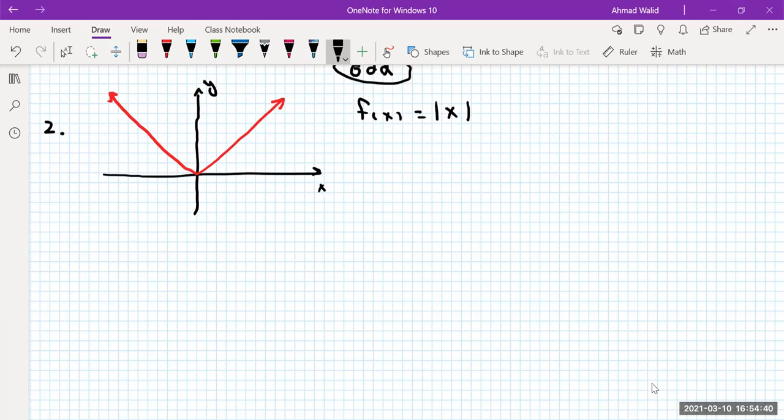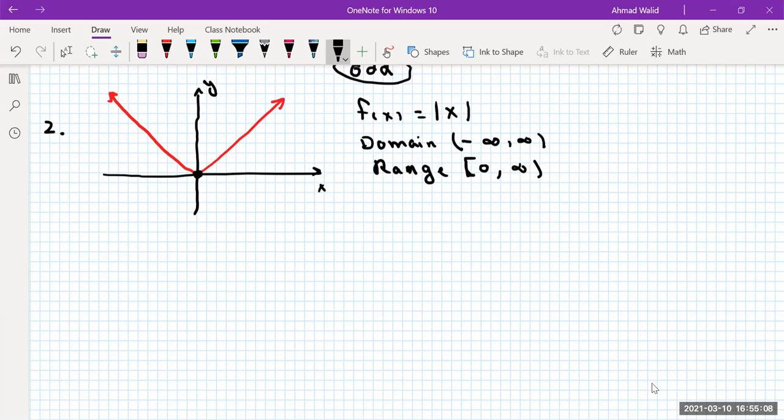As you see, the domain of this function is from negative infinity to positive infinity. And the range is from 0 to positive infinity. Correct?